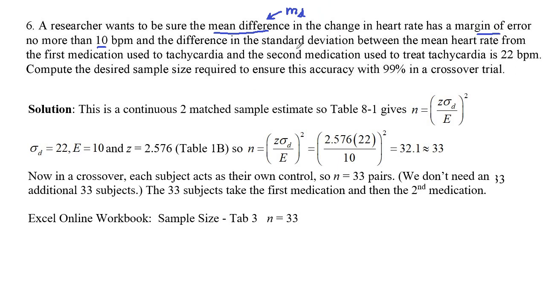And then let's see, standard deviation between the mean heart rate from the first medication for tachycardia to the second medication is 22. So that's here, sigma D is 22, so the standard deviation of the differences. Compute the sample size required to ensure accuracy with 99% in a crossover trial.